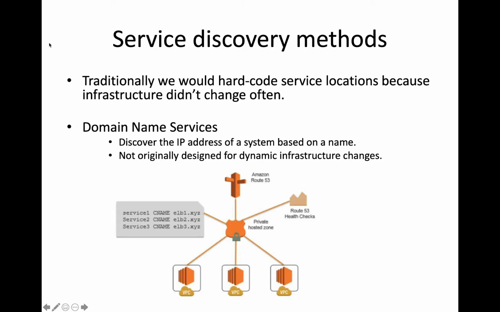How do you actually implement service discovery in your platform? Well, traditionally, for decades, we would hard code our service locations into our infrastructure and our applications. And that was simply because our infrastructure didn't change very often. If you can imagine a traditional data center where you might have a web server with a dedicated IP address, and then a physical database server with a hard-coded IP address.